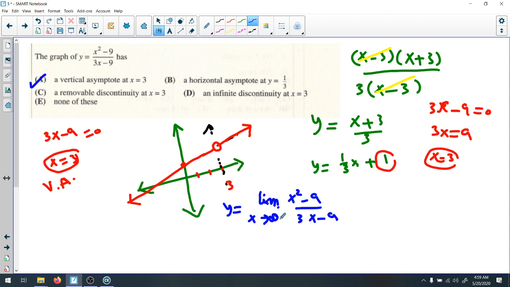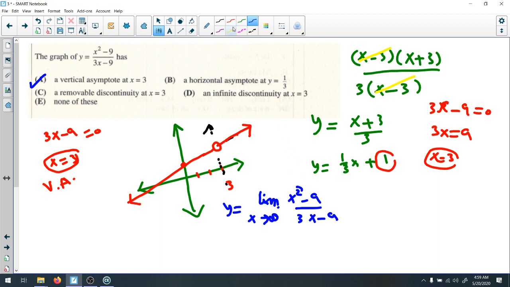You could apply rules for that, even if you simplify the function. If the maximum exponent is at the top, like x exponent 2 over x exponent 1, the limit equals infinity.